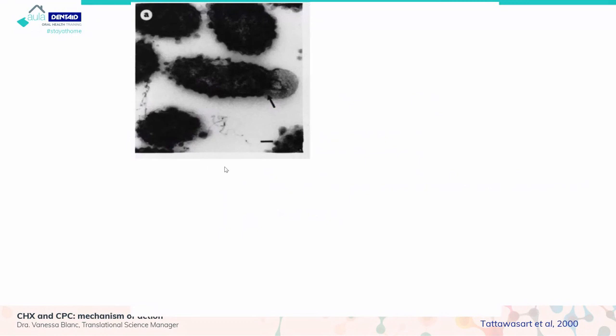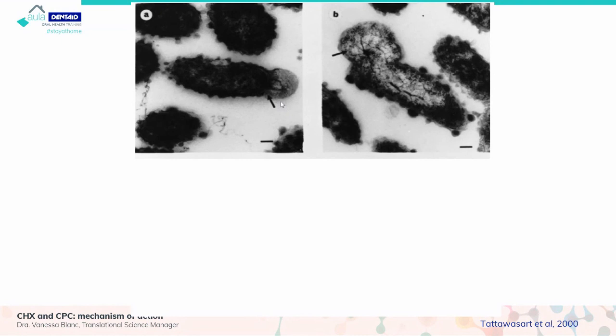This is Pseudomonas stutzeri that was treated with 0.1% of chlorhexidine, and after 5 minutes of treatment, we can observe the rupture of the external membrane and the release of the intermembrane content. This is a gram-negative microorganism. And at 15 minutes, we can observe the rupture of the internal membrane and release of cytoplasmic content.